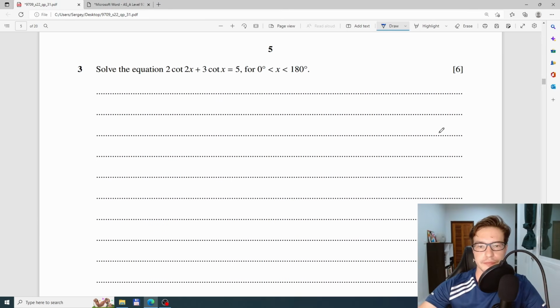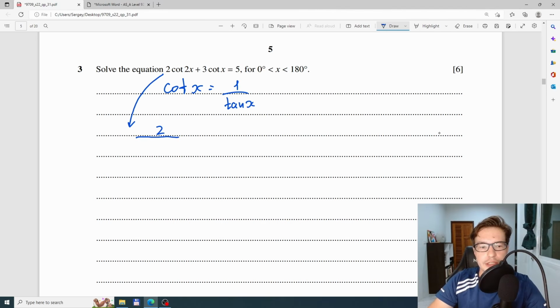Trigonometry. To start with, I want to rewrite cotangent as tangent. So cotangent x would be 1 over tangent x. That means our equation will look like 2 over tangent 2x plus 3 over tangent x equals 5.